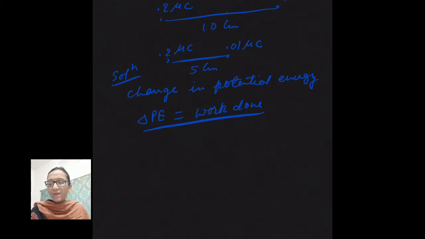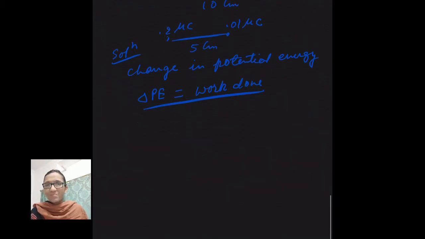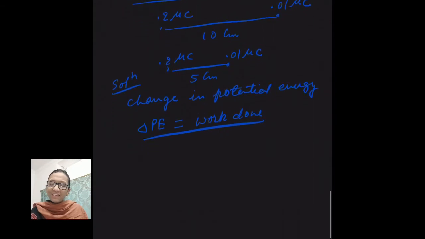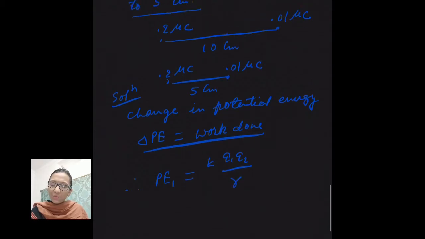And you have to find work done. So, for finding work done, we will be finding potential energies of the two positions, and then we will find the change in potential energies of the two positions. Therefore, potential energy in the first condition is equal to K Q1 Q2 upon R.